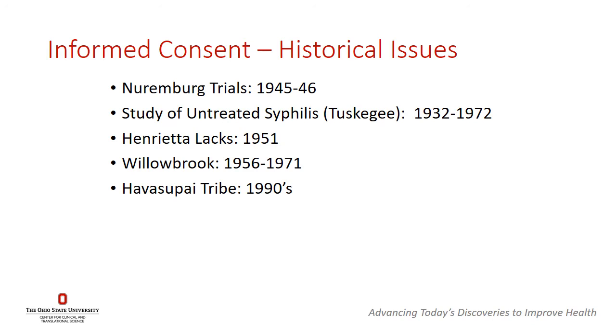This caused an uproar from tribal leaders and families because it contradicted their fundamental tribal beliefs, and blood was held sacred in their culture. Each of these circumstances had informed consent violations.